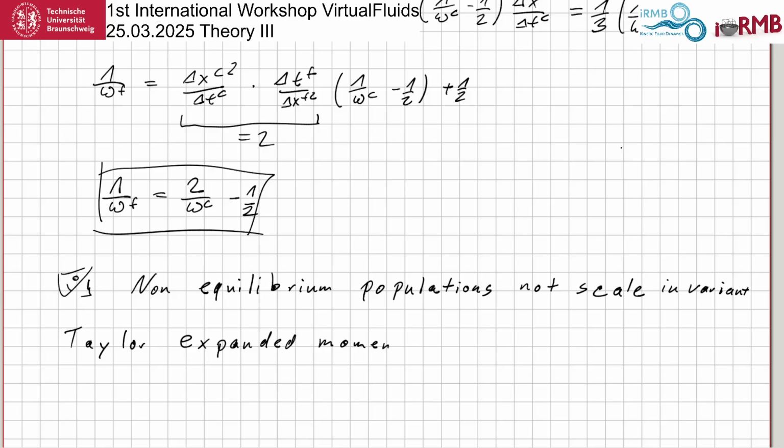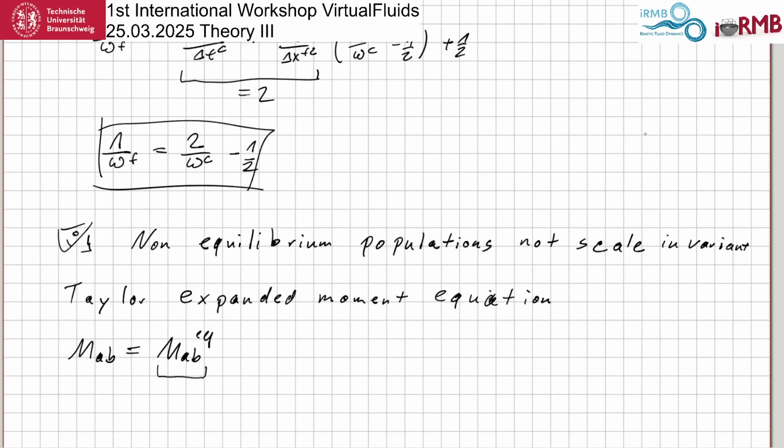So we take the moment equation that we had in lecture number 1 today, and Taylor expand it and simplify this to 2 dimensions. Yeah, m_ab we will find is m_ab equilibrium, and the equilibrium in acoustic scaling is actually scale invariant.